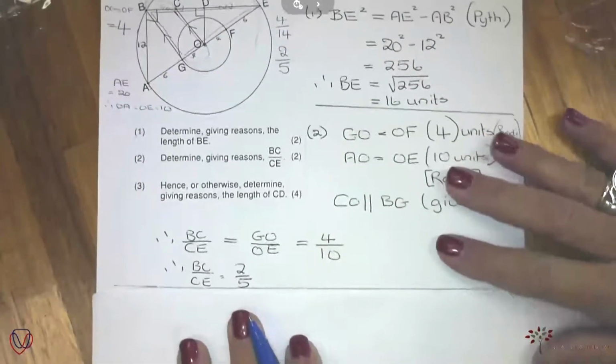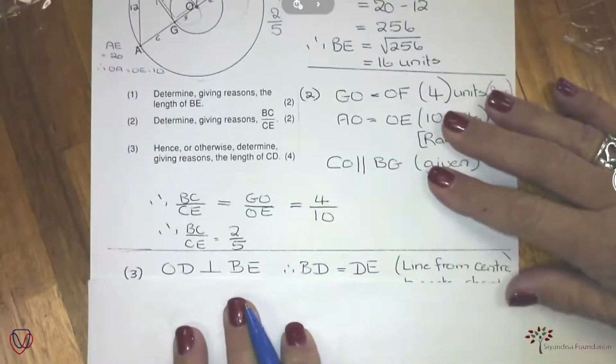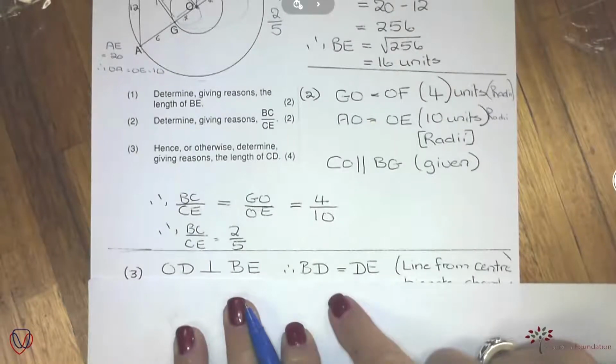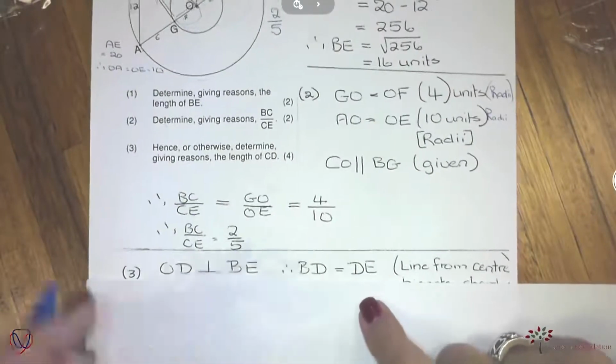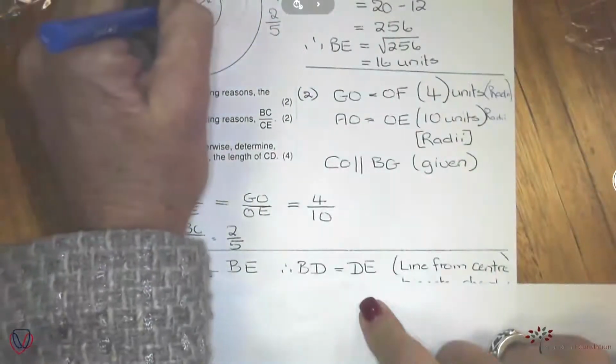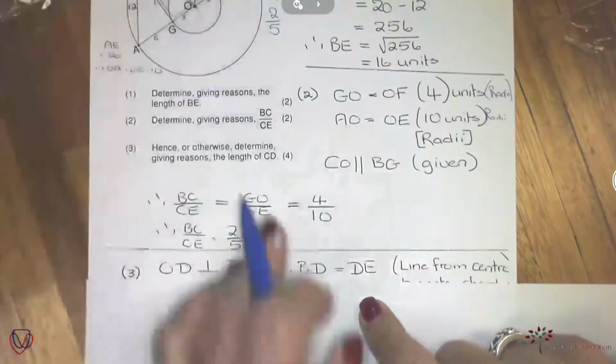Now, let's have a look what we are going to do. We're going to say OD is perpendicular on BE. They gave it to us. Therefore, BD is DE. Why? Line from the center perpendicular on the chord will bisect the chord. I've marked it already.